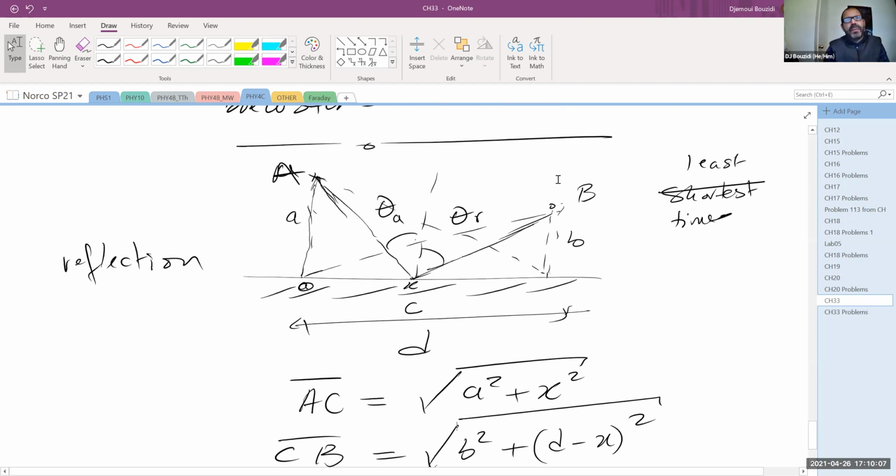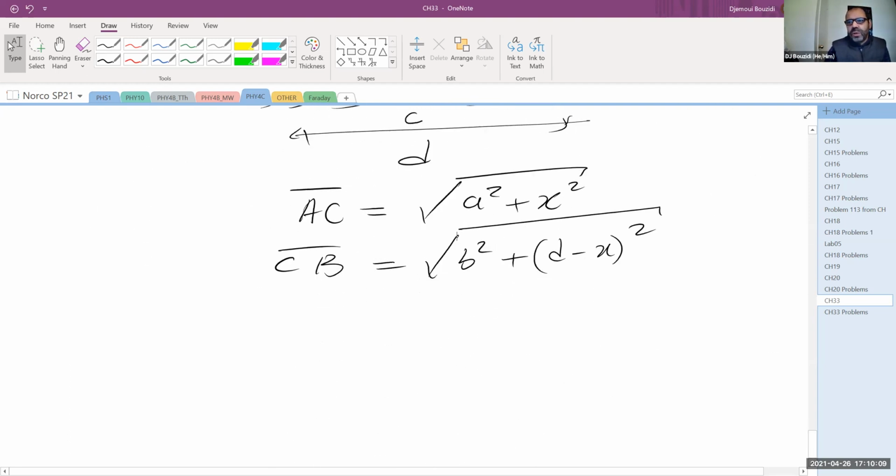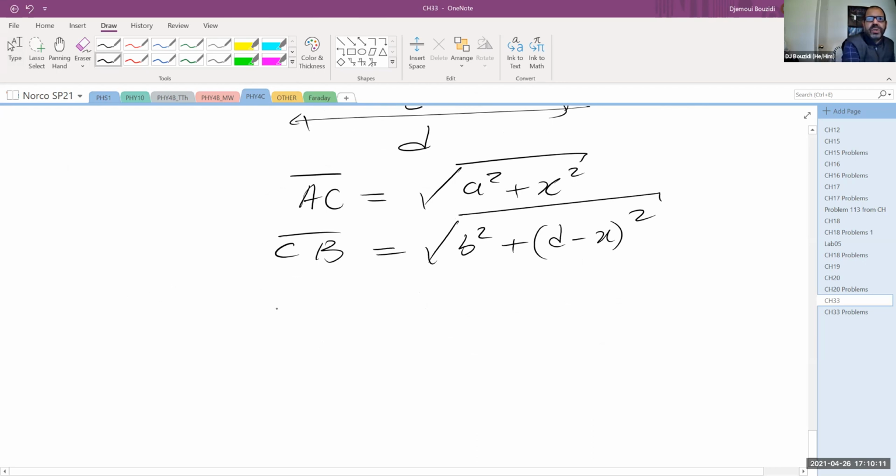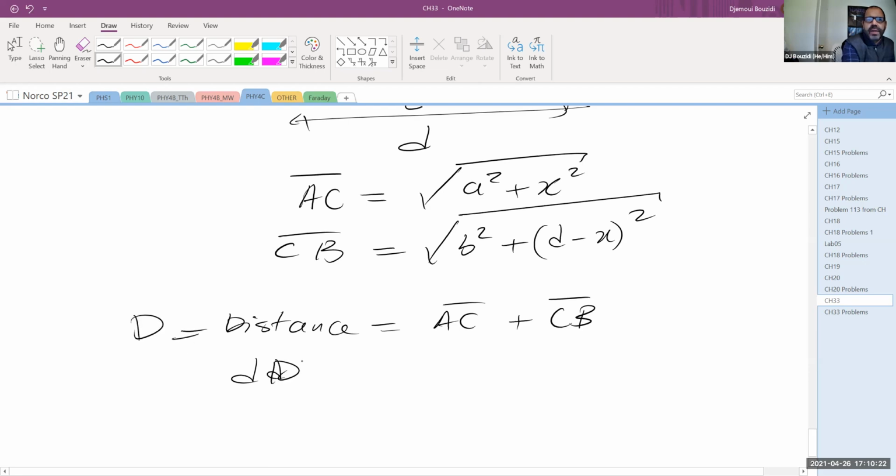Which one will give me the minimum time will require that the overall distance, which is simply equal to AC plus CB, the derivative of this distance, I'm going to call it capital D, with respect to x must be equal to 0.